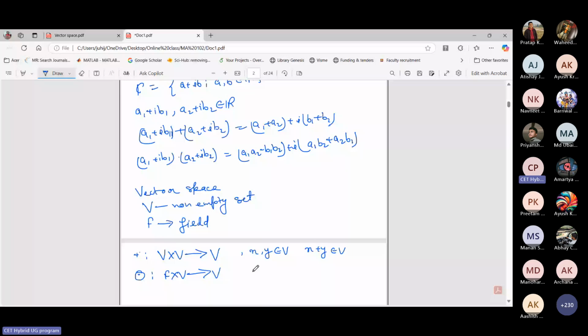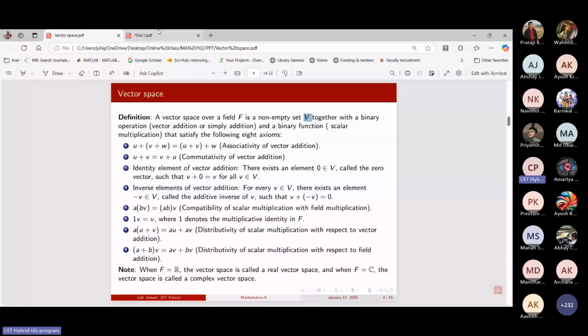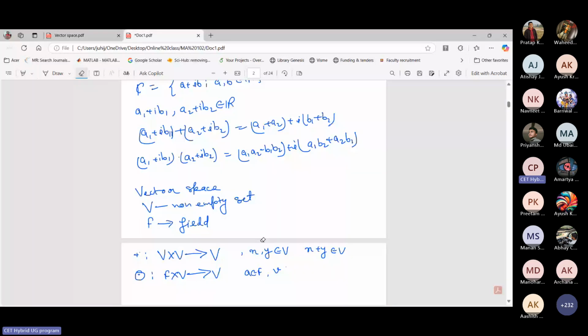For alpha in F, alpha will confuse, so I will write A. For any scalar A in F and V in V. For notation consistency, let me write it again.